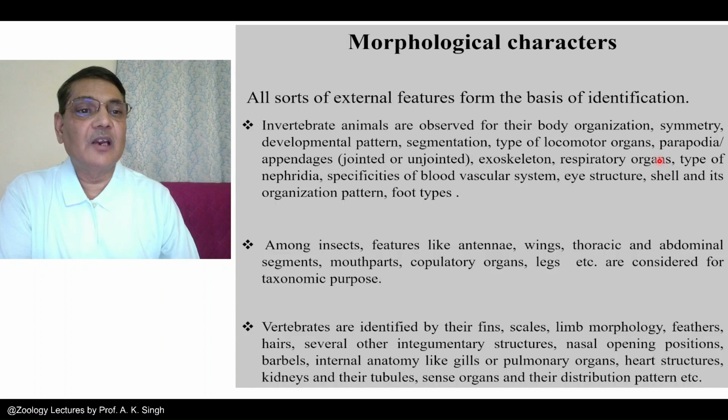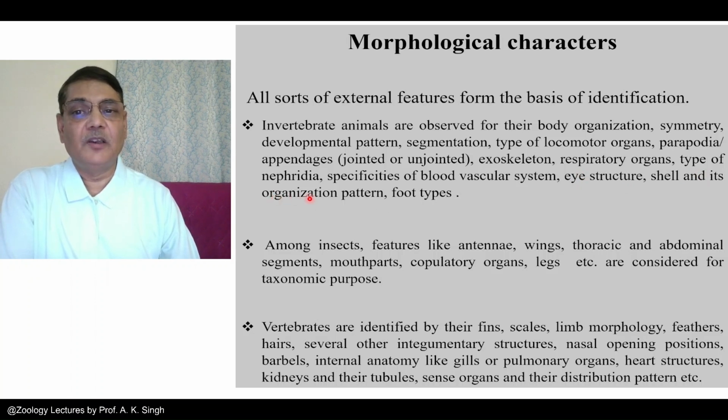Then respiratory organs, type of nephridia present in the animal, specificities of blood vascular system. We find in some cases the blood vascular system could be closed type, in others it could be open type, so that is also considered for classification purpose. Eye structure, shell and its organization pattern, food types, particularly in mollusks, shell and its organization is there.